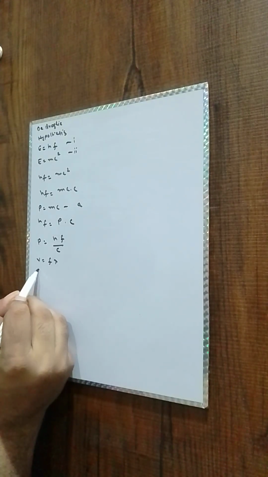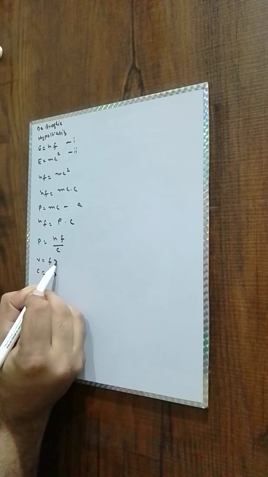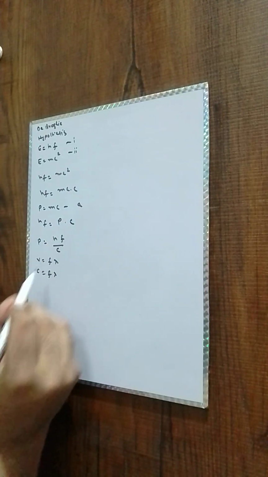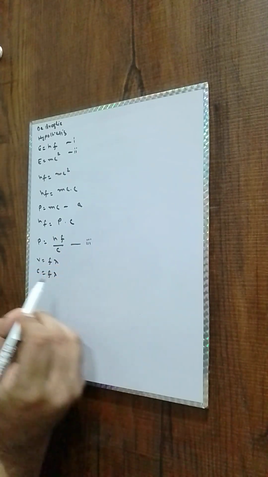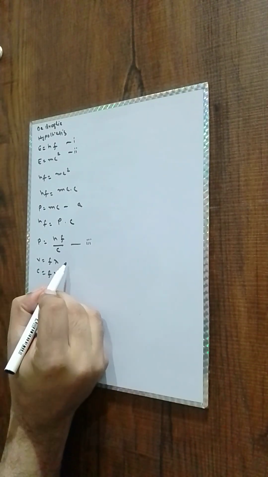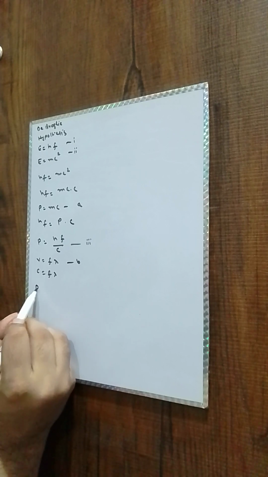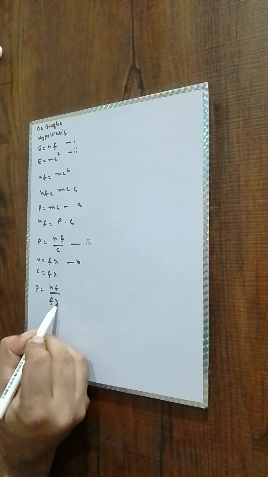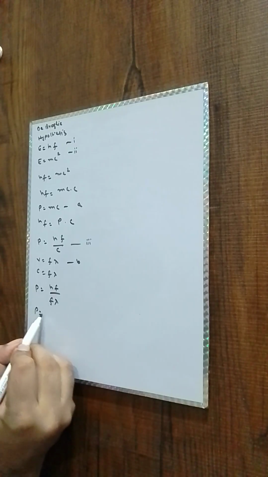Since v is equal to f lambda, in this case c is equal to f lambda, and we put f lambda in the place of c. So here we have this equation 3, and we use the substitution, and we get momentum is equal to hf by f lambda.